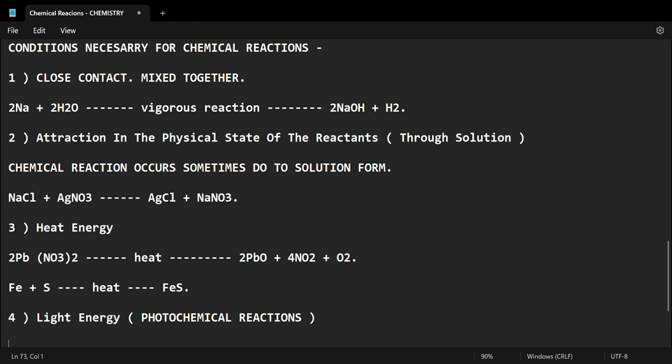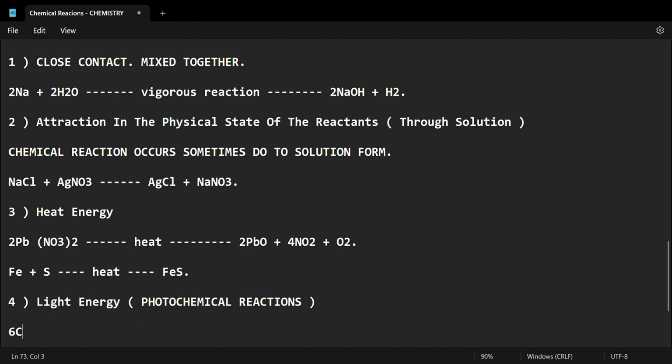Let me give you an example. 6CO2 plus 6H2O on sunlight and also chlorophyll becomes C6H12O6 plus 6O2.